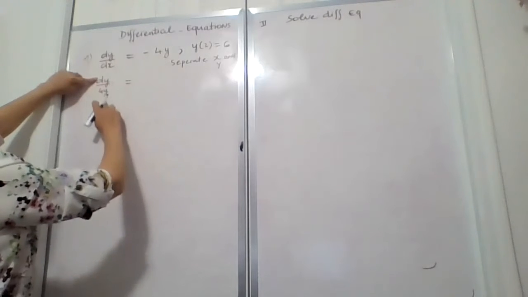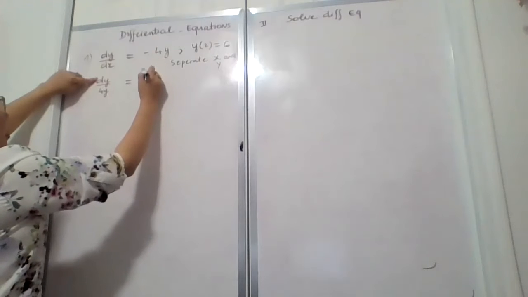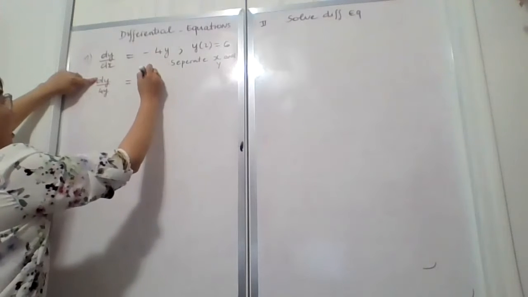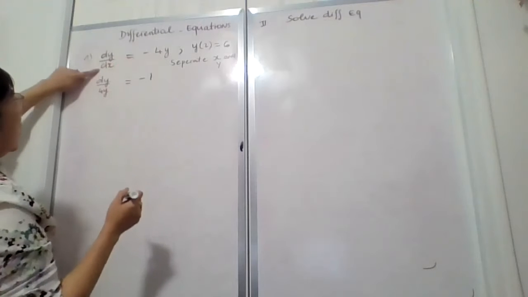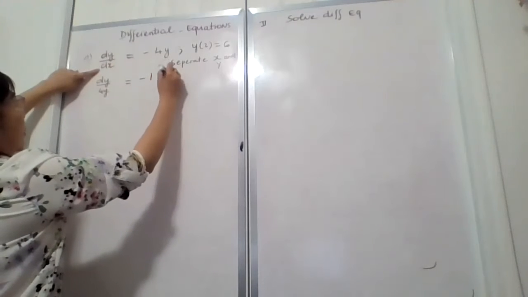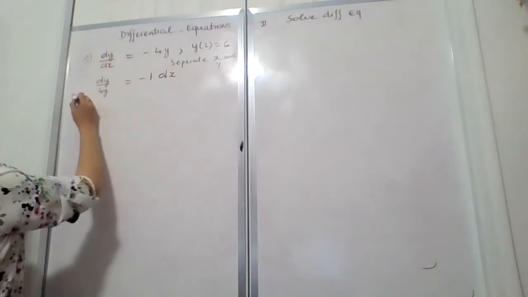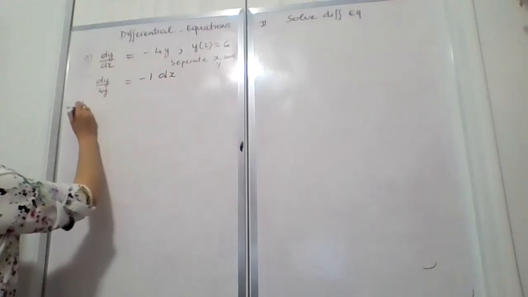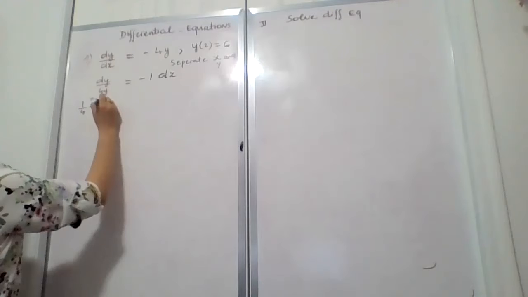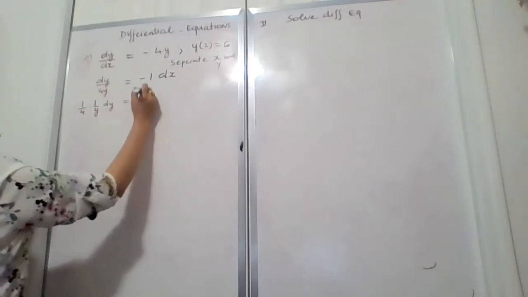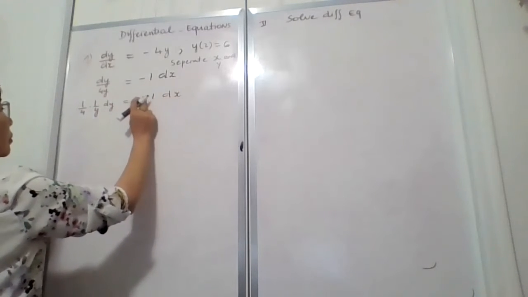So I'm going to say dy divided by 4y, and I'm going to keep the minus 1 here on the right-hand side. I'm going to bring the dx to the right-hand side, divide becomes multiply. So now we separate again. We say 1 over 4 times 1 over y dy equals minus 1 dx.